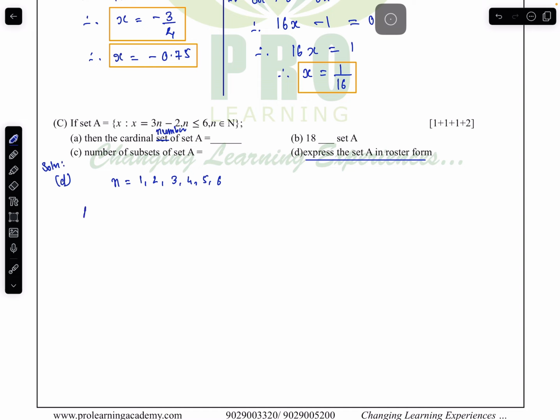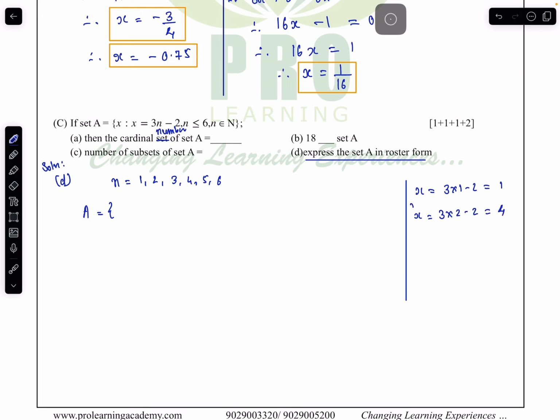So my set A cardinal number would become, I could do a bit of rough working, or maybe in the main area. Rx will become 3 times 1 minus 2. So that is 1. My x will become 3 times 2 minus 2, which would become 4.